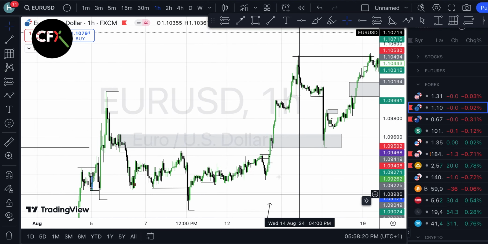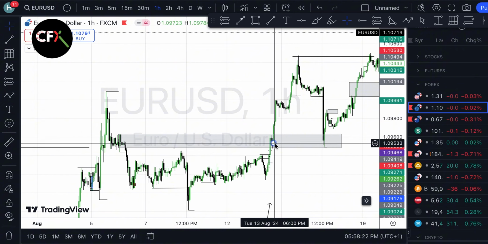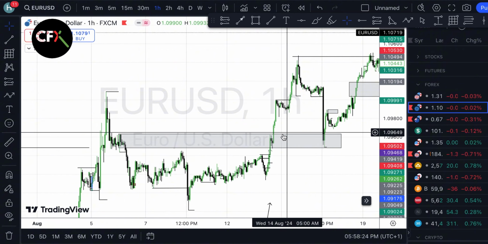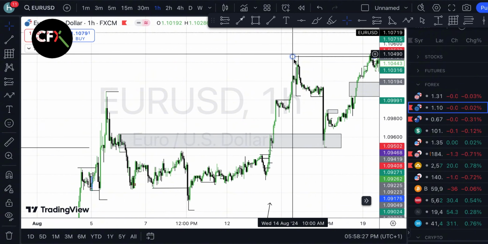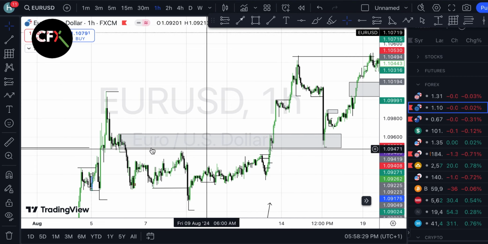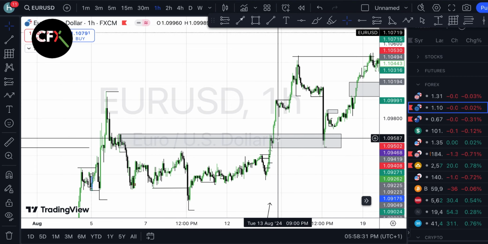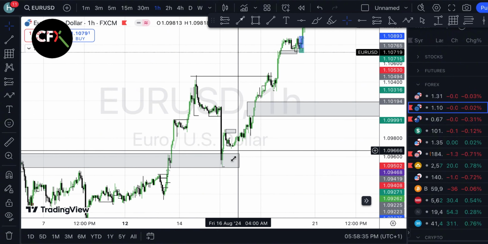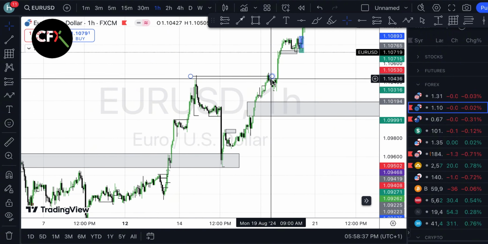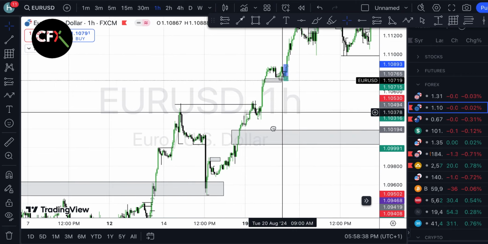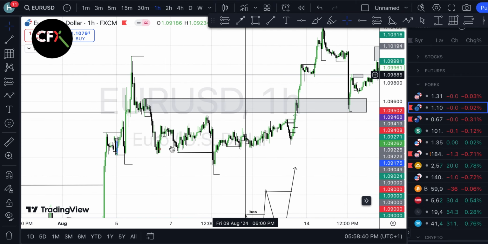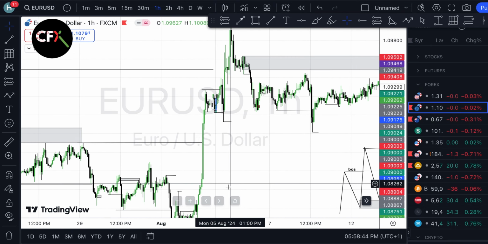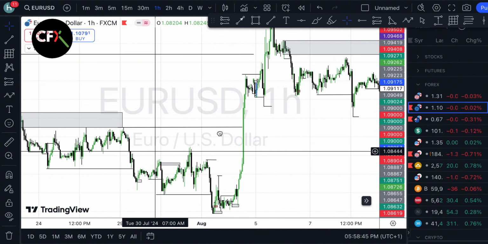But instead, price got to that place and violated the order block and it went up, and you can see that price now retraced back to the previous order block, which is now considered as a breaker block. Price began to go up. So that's an example. So let me show you another one from the charts.